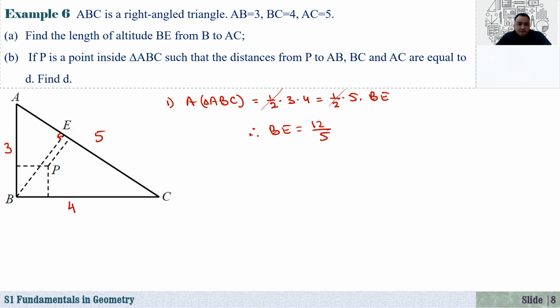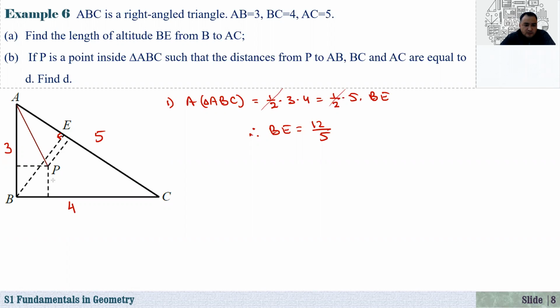And question B, if P is a point inside triangle ABC, such that the distances from P to AB, BC, and AC are equal to D, find D. So that means that simply, if I join some, here, since P is the point inside the triangle, right?